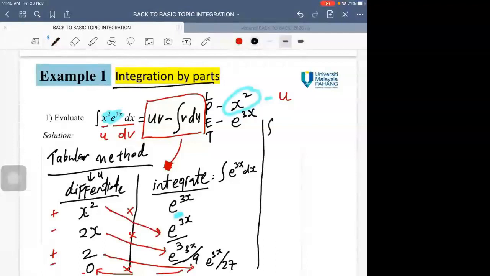Integrate x squared exponent 3x dx by using integration by parts.